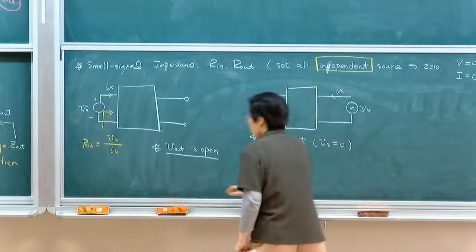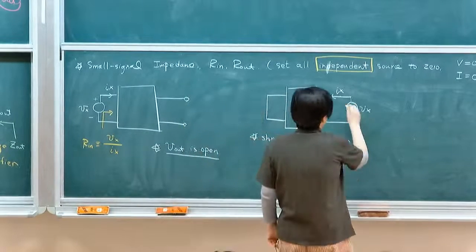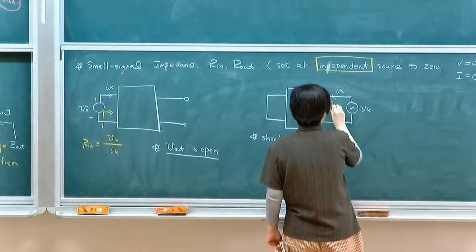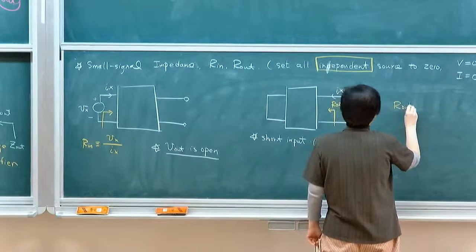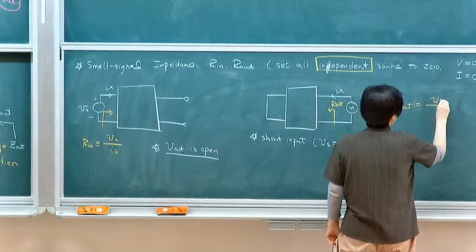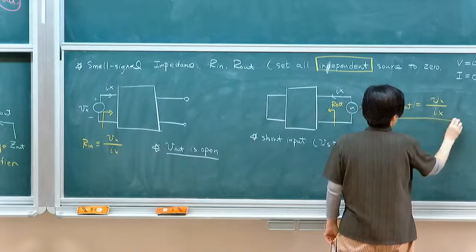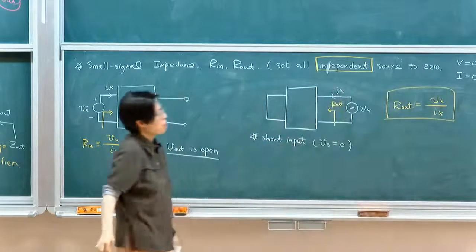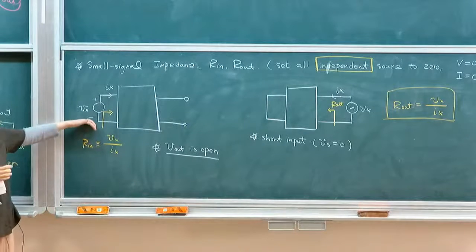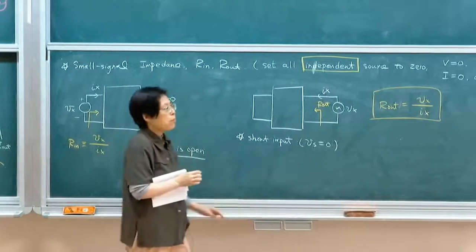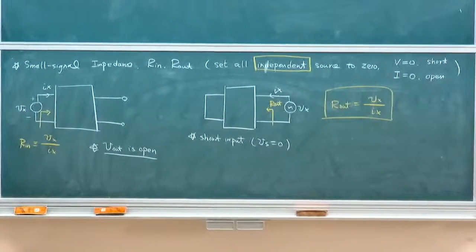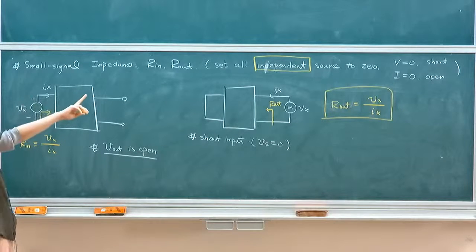That would then give us Rout, which will be defined as Vx over Ix during this test condition. So you test the front to get the input resistance, and test the back for the output resistance. Once you have this, we can construct our overall small signal model, the two-port model.